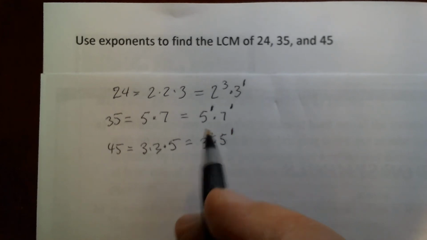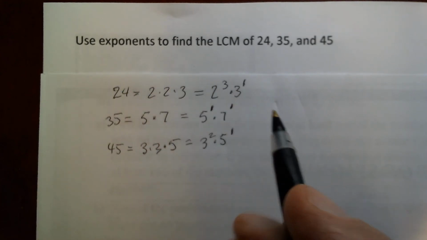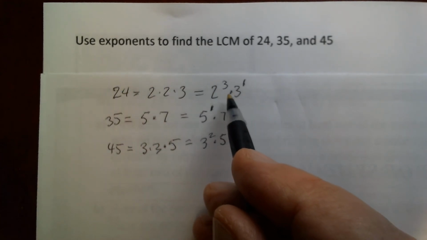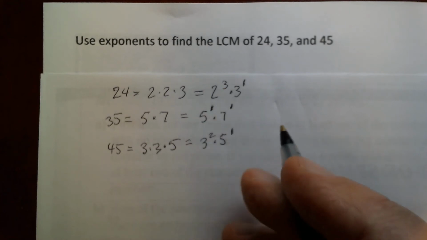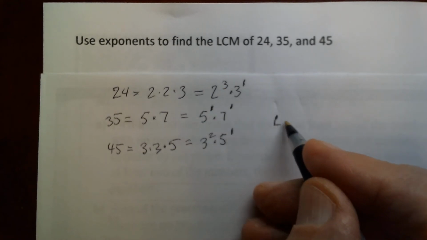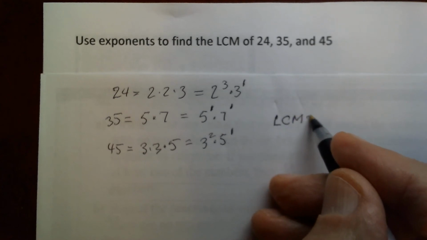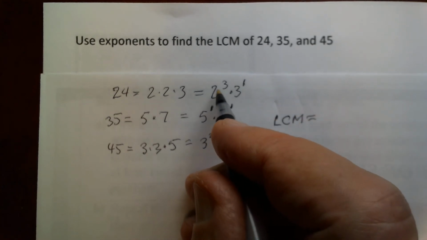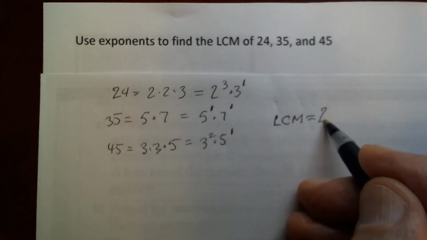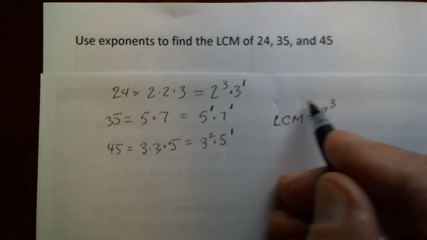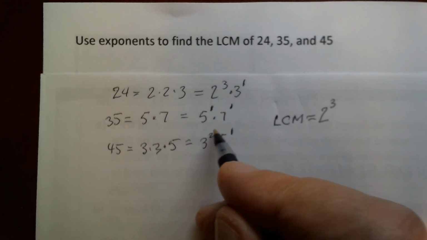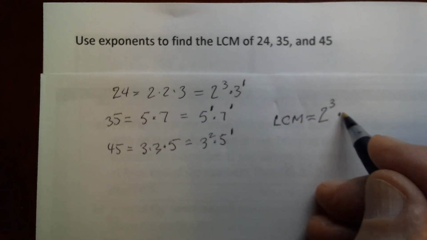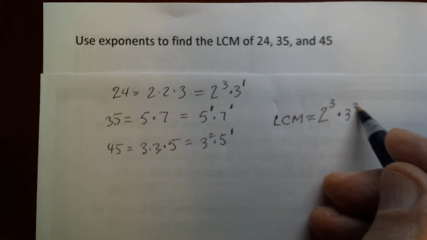So what they mean by using exponents is that when you write it in exponential format, it's very easy to see the greatest number of times a factor is used. So here the LCM, if we look at the factor of 2, it's 2 to the third. That's the greatest exponent here. And we look for the factor of 3, and that has the greatest exponent of 2, so times 3 to the second power.